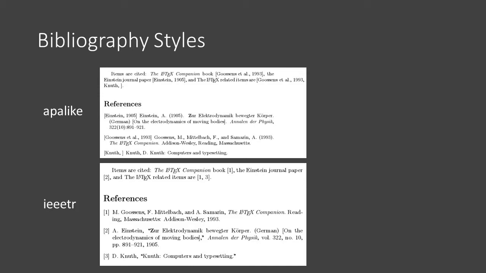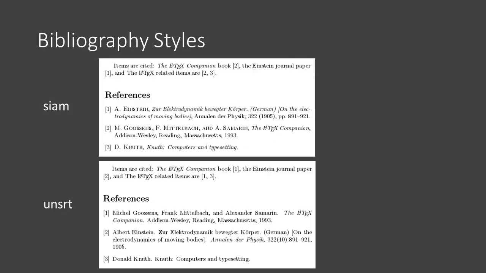APA-like is an author-year reference style that follows APA citation rules. IEEE-TR is a numerical reference list which follows IEEE Transactions reference styles. SIAM is a numerical reference list used for some mathematical journals.